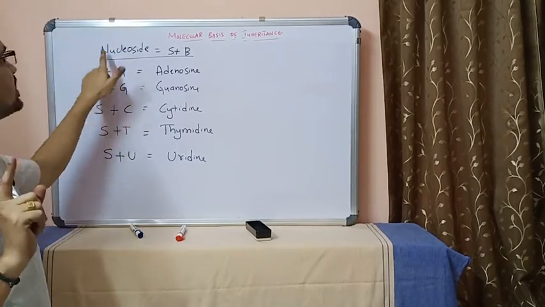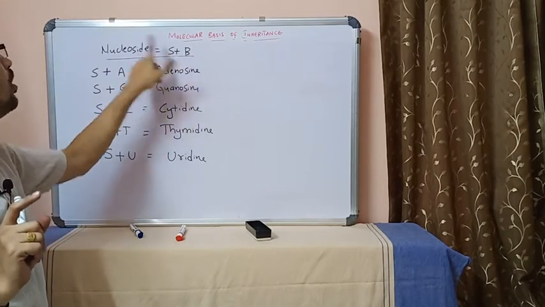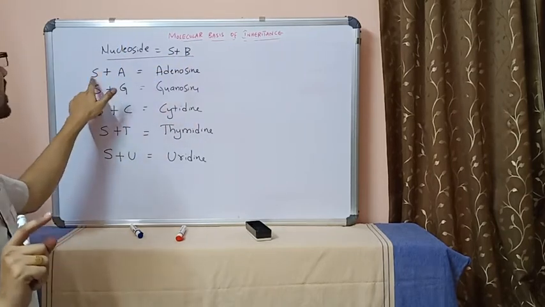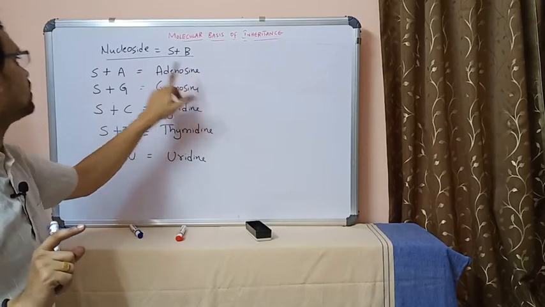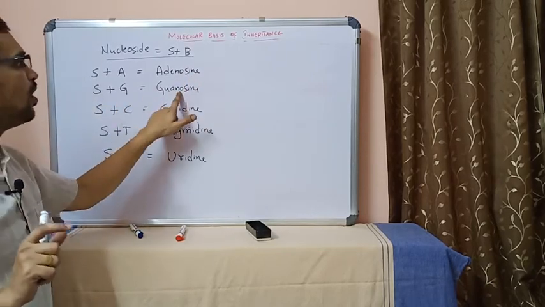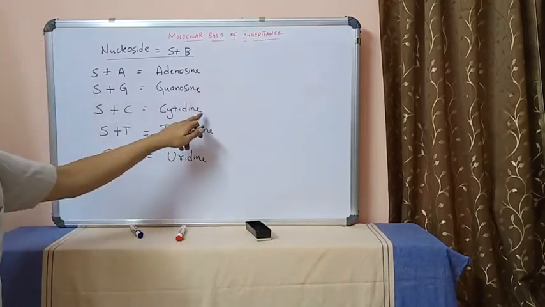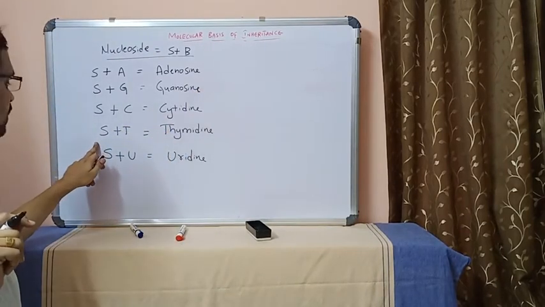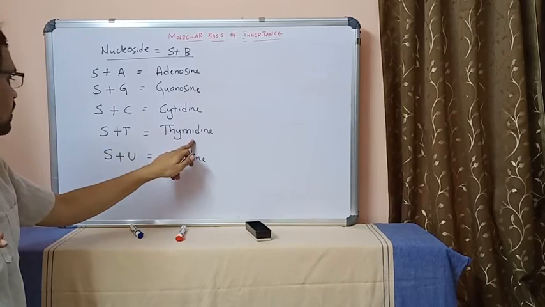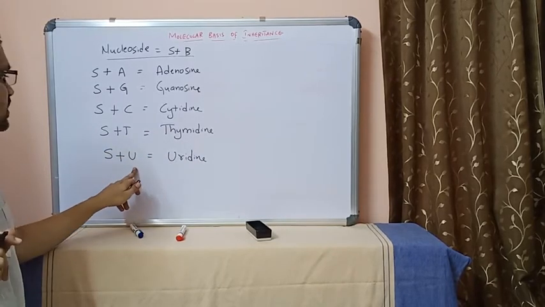Only sugar and base is called a nucleoside. Sugar plus adenine, adenosine. Sugar plus guanine, guanosine. Sugar plus cytosine, cytidine. Sugar plus thymine, thymidine. Sugar plus uracil, uridine.